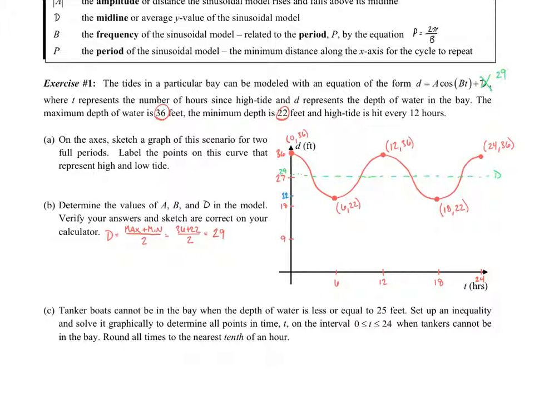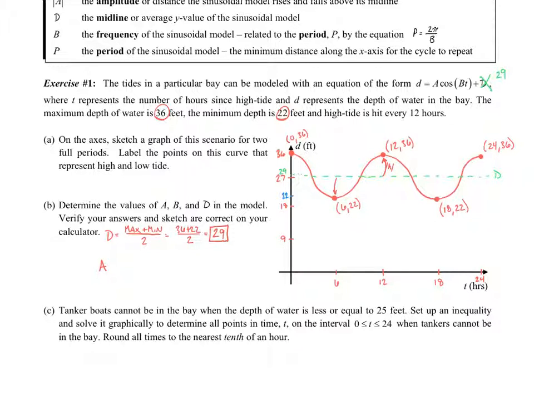All right. Next thing I'm going to do is use D to help us find A, because A represents our amplitude. So A is this distance. And also this distance.